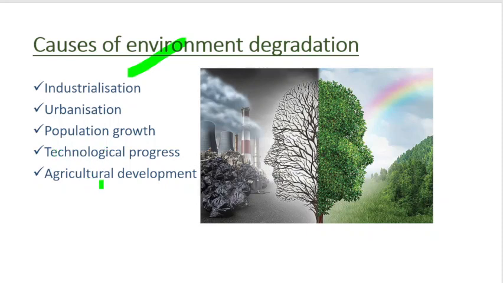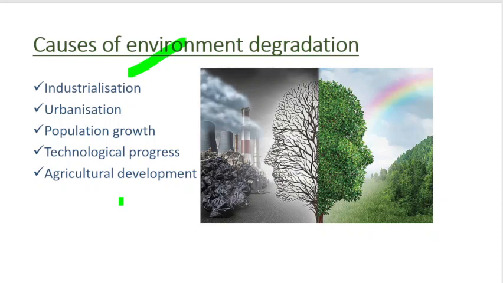Then technological progress and agricultural development, you see both of them somehow directly or indirectly are affecting our natural resources. For agricultural development, if we are not following crop rotation, it will lead to degradation of land fertility. That is a cause of environmental degradation. Again, if we are using too many chemical fertilizers, that also causes harm to the environment.